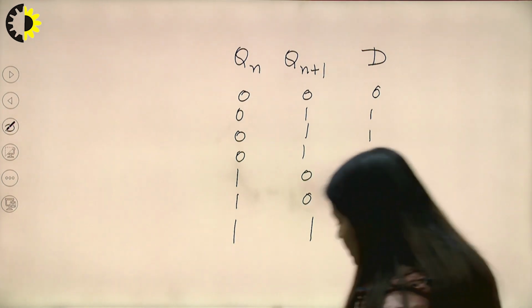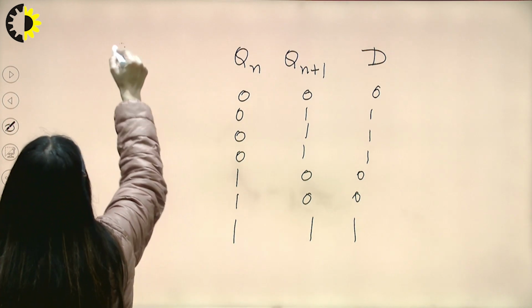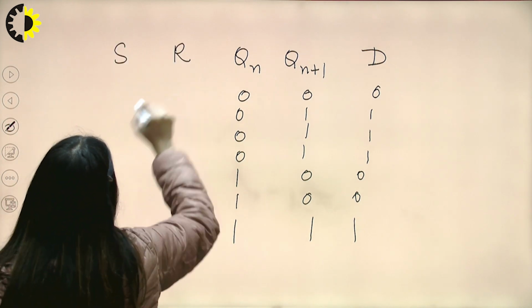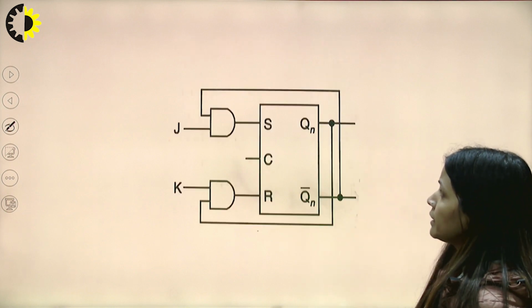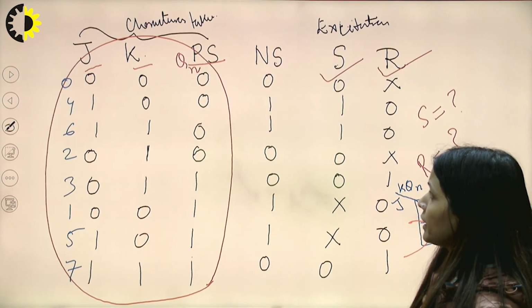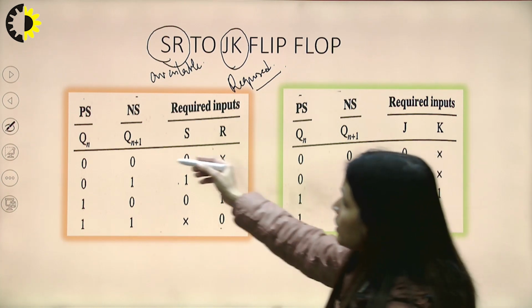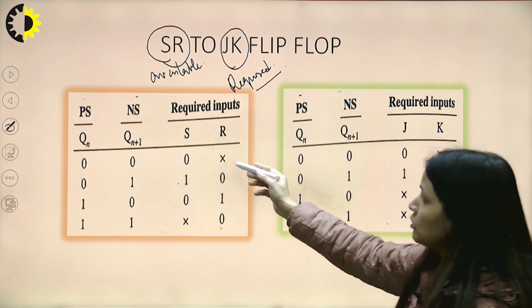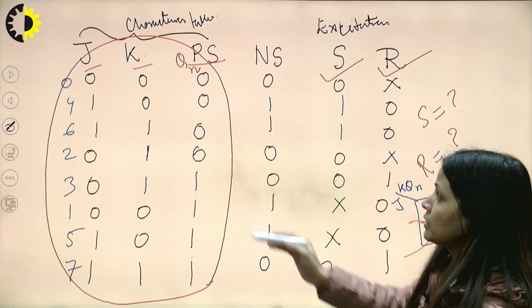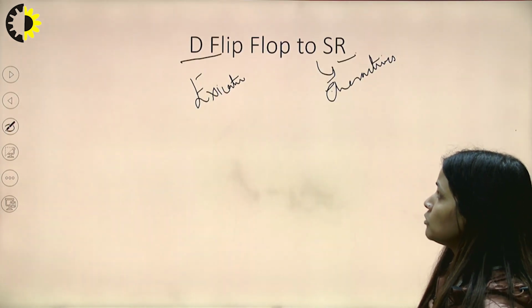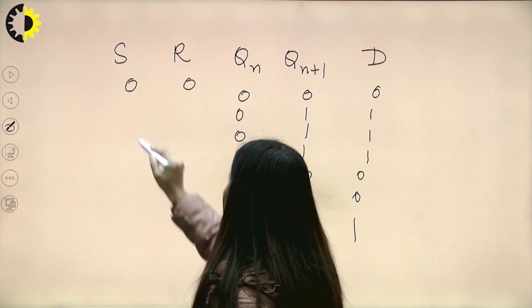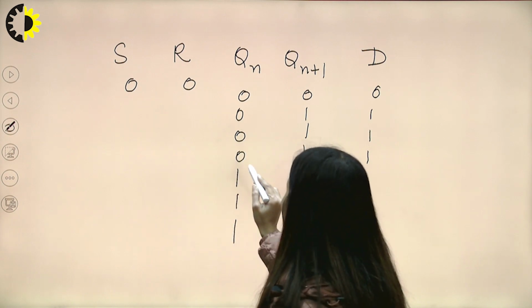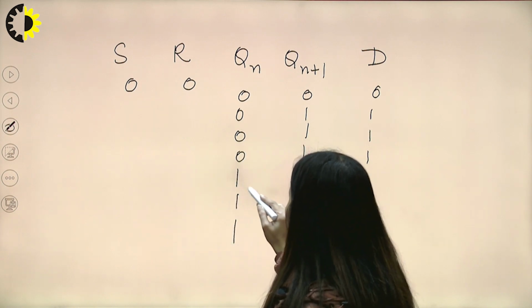Now coming to the SR flip-flop, we will write the expression for the SR flip-flop also. For SR to be 0 0, as already I told, this is 0 cross, that is 0 0 and 0 1. So we have made the double entry 0 0 and 0 1. And similarly, one more 0 0 would be there.